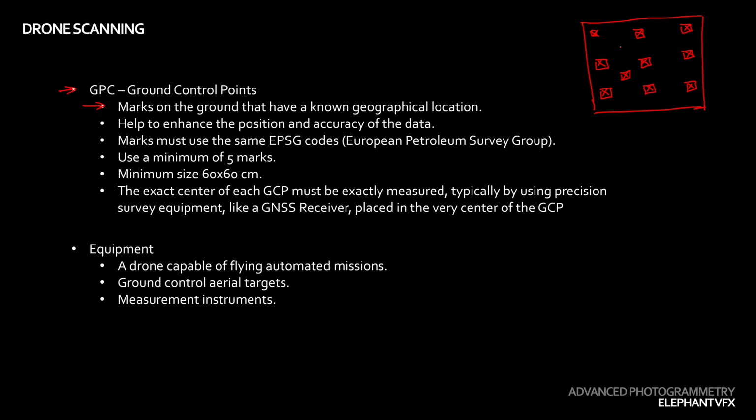All right, so we have a few ground control points. So each of these needs to have a known geographical location. What do I mean by that? Well, it's not just about placing the points or the marks on the ground. You need to come with surveying equipment to measure each of these individually. You need to measure those and check the exact GPS coordinates of each of these.